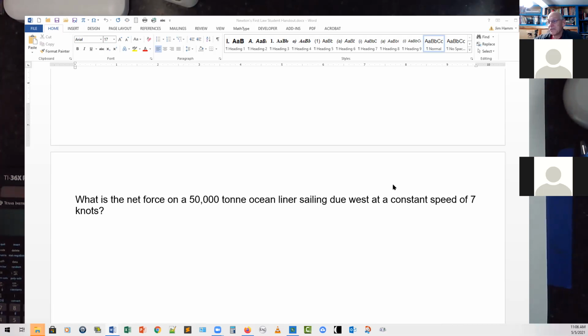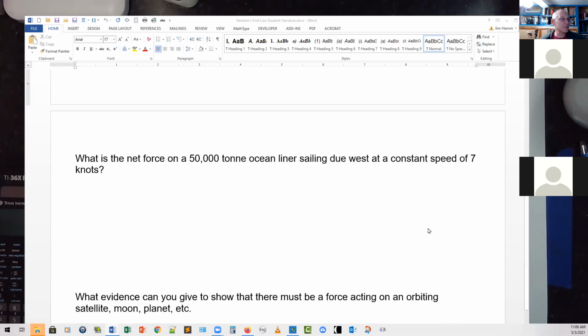And so you end up with no net force on the thing. It's just using its propellers just enough to overcome the resistance of the water for it moving through there. So it's going at a constant speed. And it's kind of a trick question, is what it happens to be.